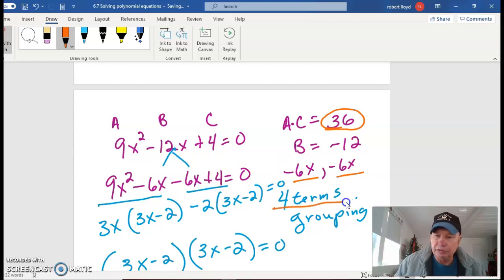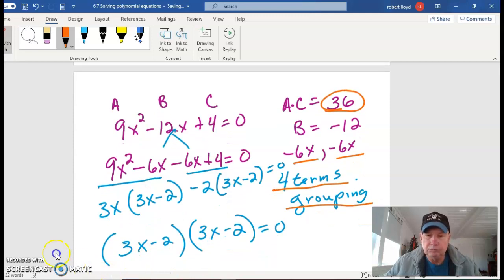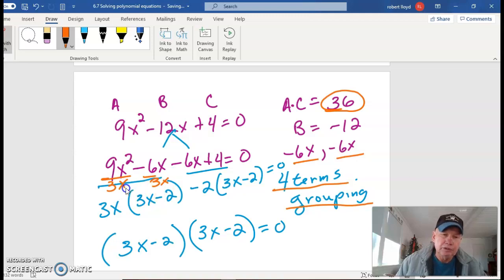That gives us our 4 terms, which means we're going to use grouping. So when we do that, we can take a 3x, meaning divide by it, take that out of each of these terms. So there's our 3x that we take out.